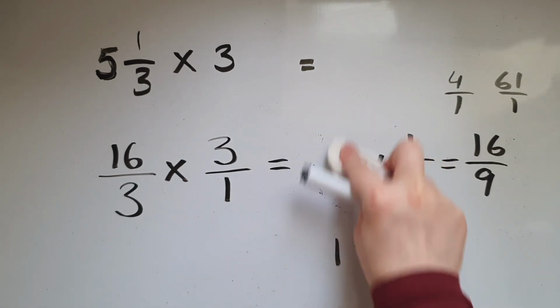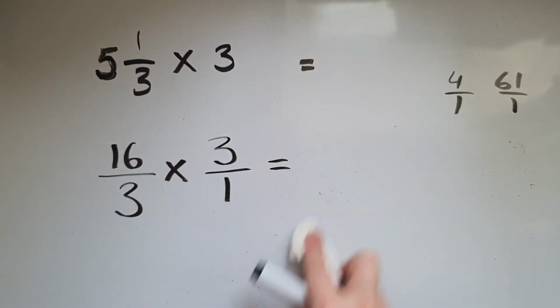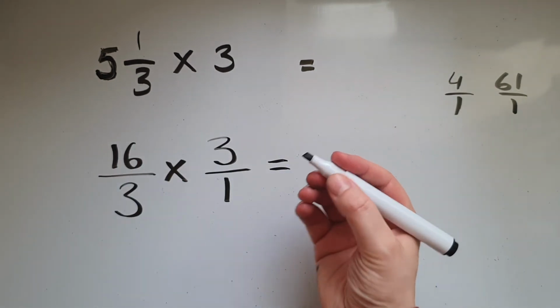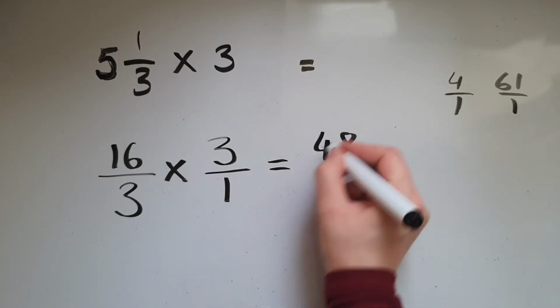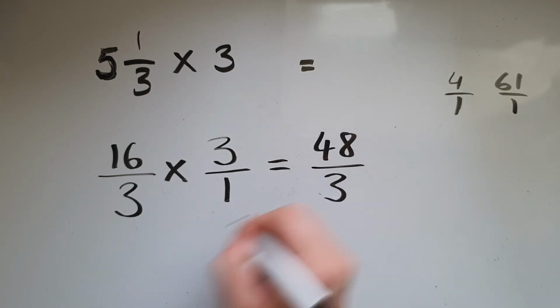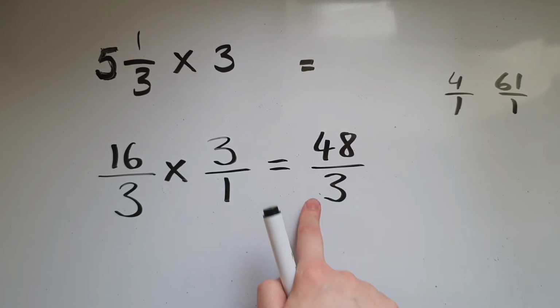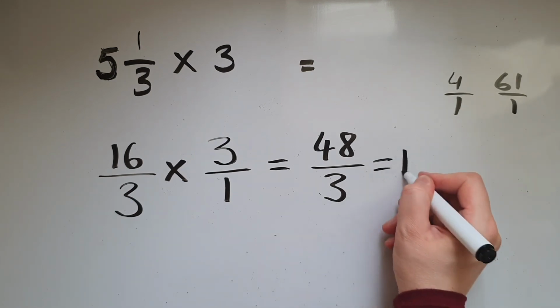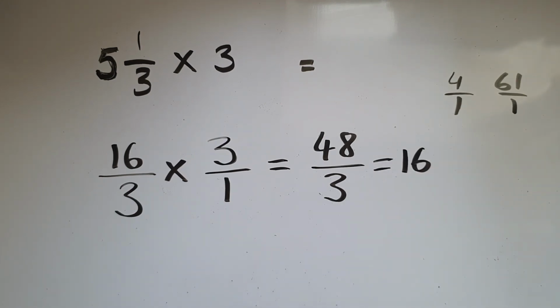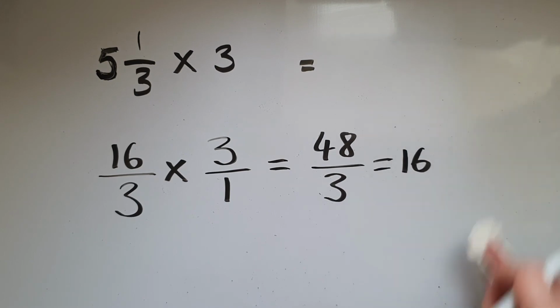So 16 times 3 is 48. 3 times 1 is 3. How many 3s would fit into 48? That's exactly 16. So a whole number rather than a mixed number.